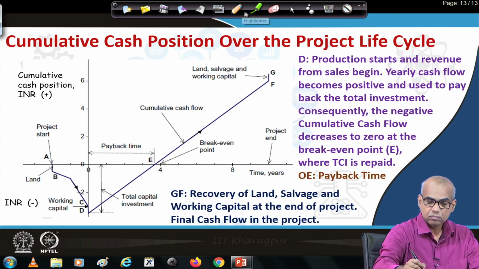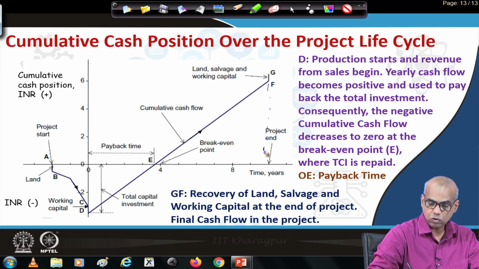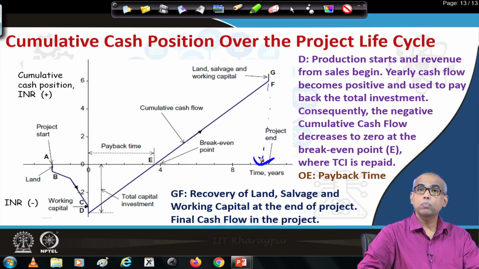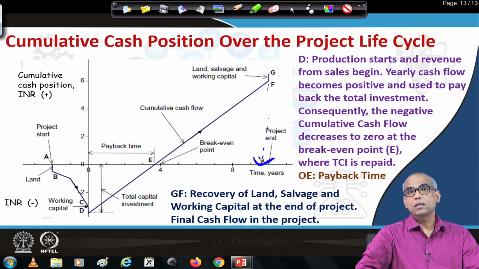When you come to time corresponding to point F, your project ends. At the end of the project, you will recover your invested working capital. So, you will completely empty your inventories, you will collect all receivables and thereby you will recover your working capital. You will get the salvage if any, and also you will recover the land.